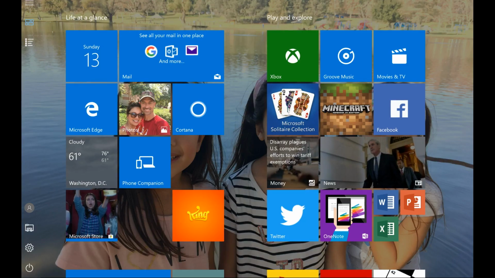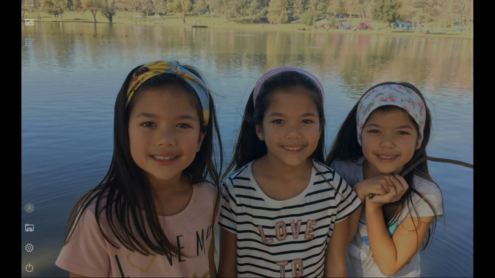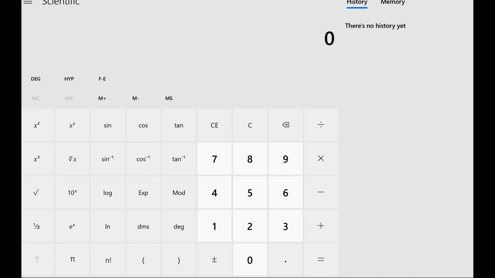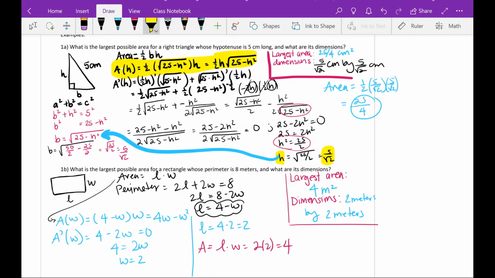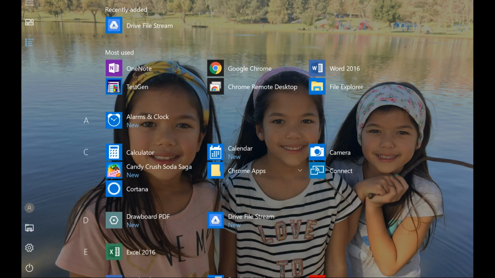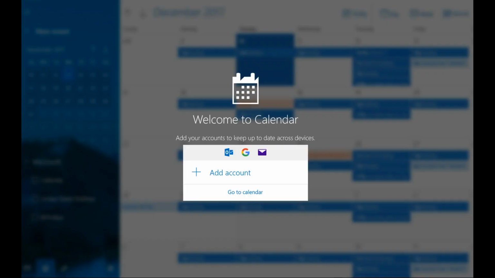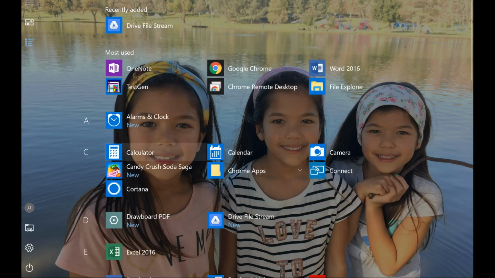Now let's go back to my calculator if I know where it is located. I am terrible at using my Surface Pro calculator. Remember, the calculation was 25 divided by 4. What was the max area? 25 divided by 4. So let's find my calculator again. No, I don't want a calendar. I want a calculator. There you go.